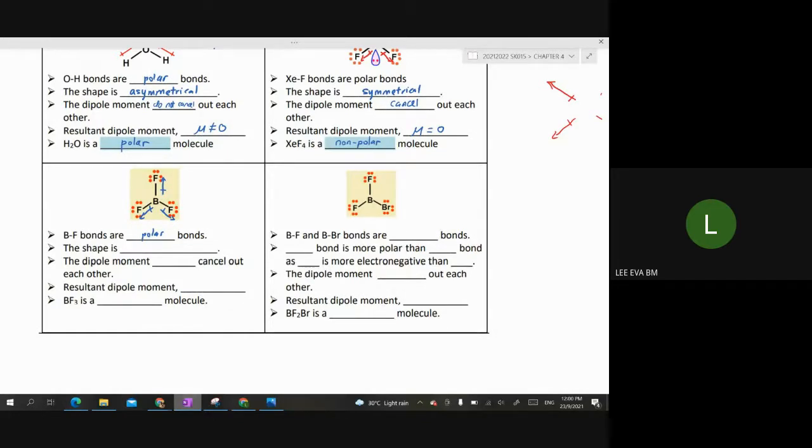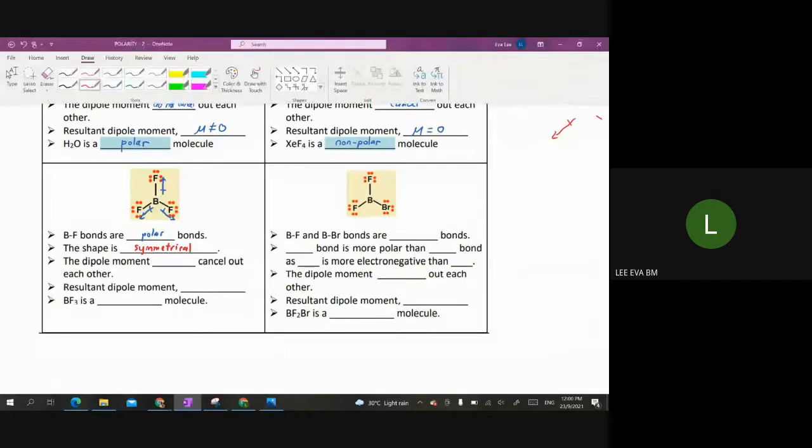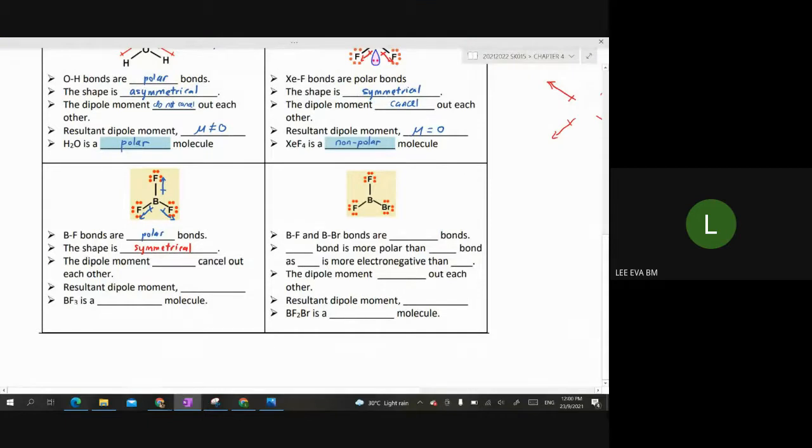And then we go back to our example BF3. So the shape over here is symmetrical. So dekat sini agak susah sikit untuk symmetrical ke asymmetrical. Awak kena tengok pada structure dan juga cuba tengok pada semua direction. Okay. And then we continue. The dipole moment, is it cancel out or doesn't cancel out? Cancel out.